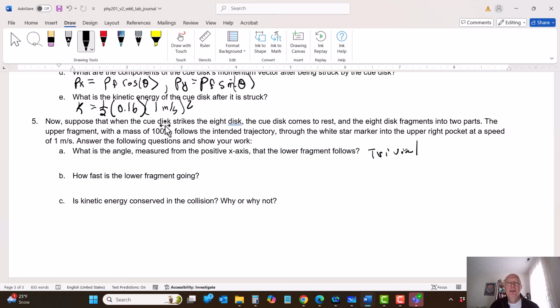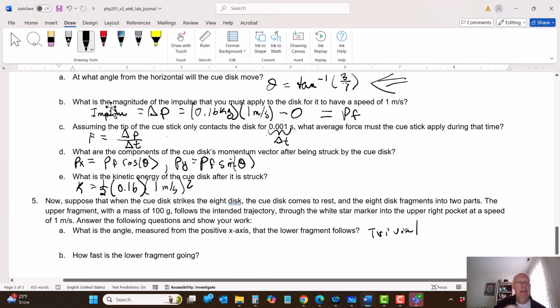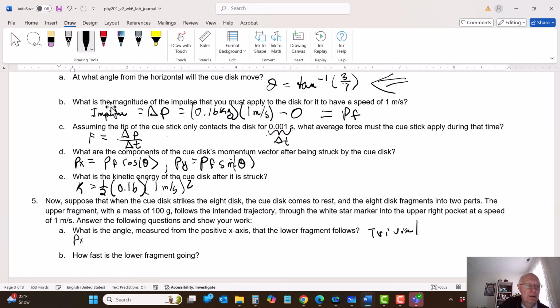To conserve momentum, the initial momentum has to be the final momentum. So we know what the initial momentum was, and we know the components from here. So you would write that px equals the total x momentum after the disk splits up.